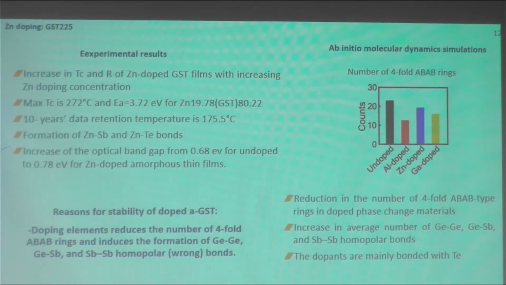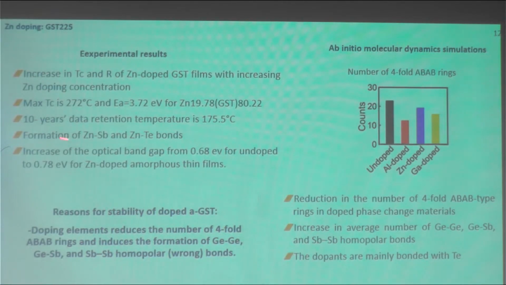So now to the zinc doping of GST 225. From experimental results, again, it also influenced TC, the crystallization temperature, and the resistance of this phase. So TC can be increased up to 272 degrees C. 10 years data retention can also be increased.